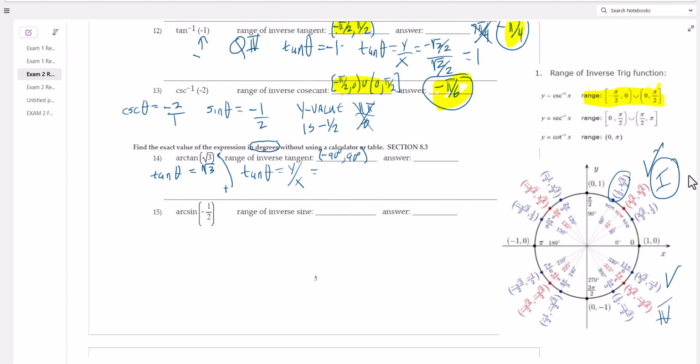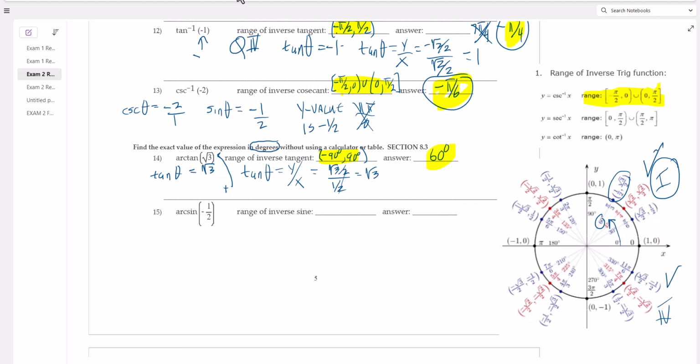That's going to happen here, because if you did square root of 3 over 2 divided by a half, that would give you square root of 3. So that answer is 60 degrees. That's how you figure that out. There's not a lot of work to show on these problems. It's just knowledge of the unit circle.